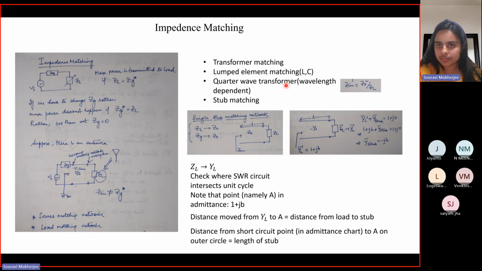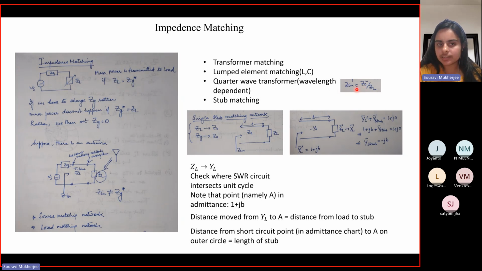Another is the quarter wave transformer matching. So here, if you remember the questions that we were solving in the previous classes, we had cascaded kind of circuits, right? Where the load for one was actually the input impedance for the other, right?